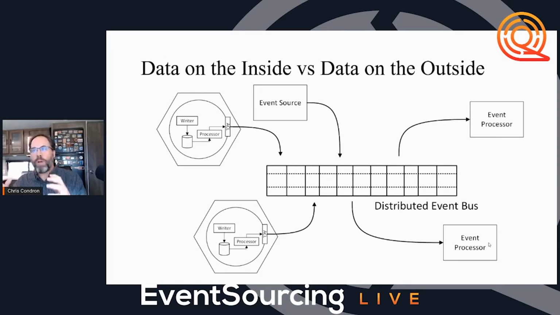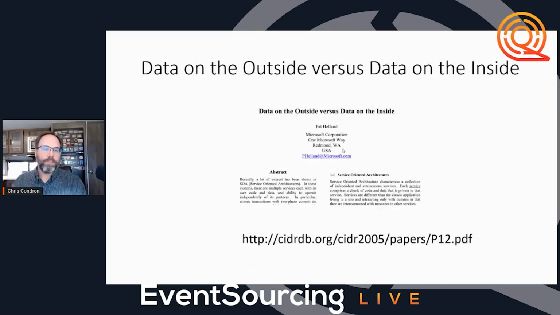And we're going to talk about how things need to work on the inside and the outside to make this work. And by the inside, I'm talking about what's inside these application blocks here, right? A lot of this comes from a really great paper written by Pat Helland from Microsoft Research.